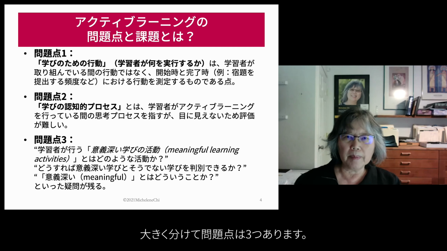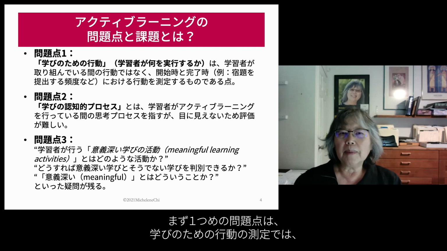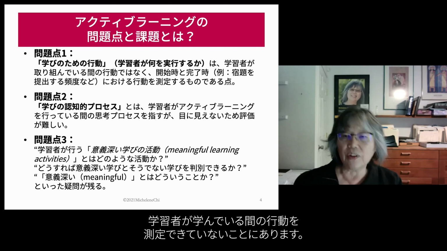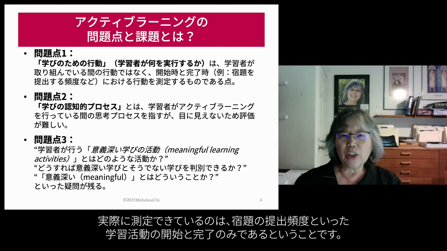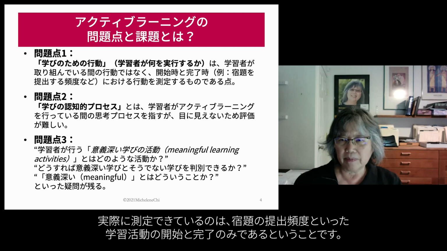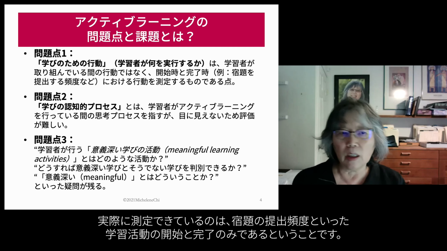There are three problems. The first problem is that behavioral engagement, what students do, does not measure behaviors while students are engaged in learning. Instead, as I said, they measure the initiation and completion of behavioral engagement, like the frequency of turning in homework.